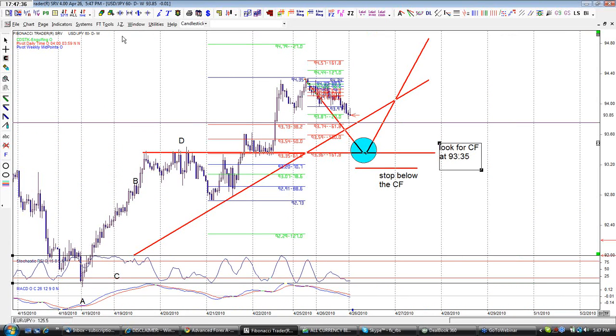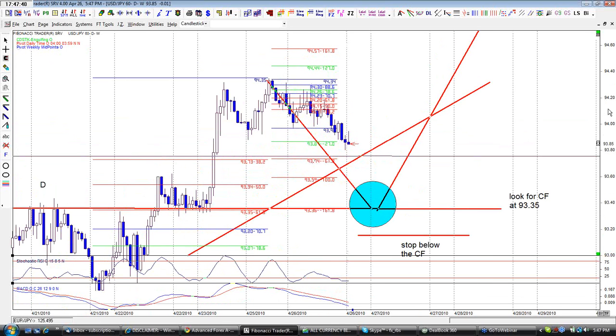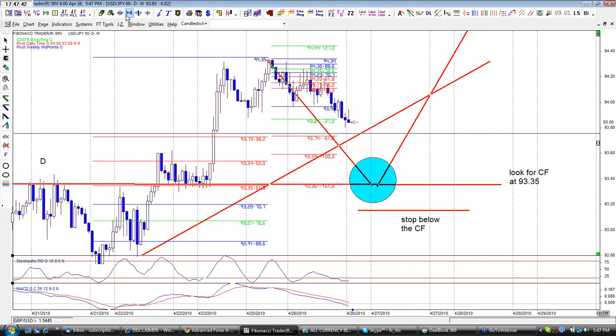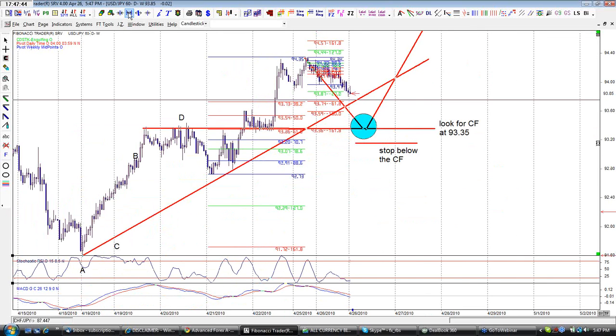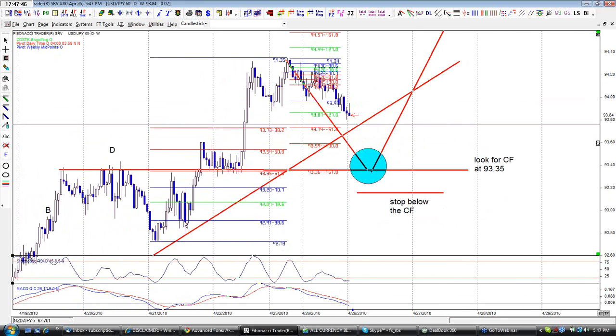This is the 1 hour chart. Based on the 1 hour, we can already find convergence at the 618 with 1618.